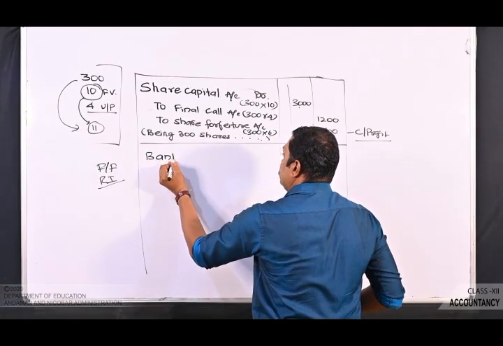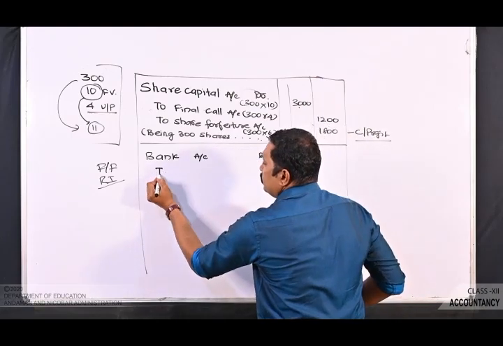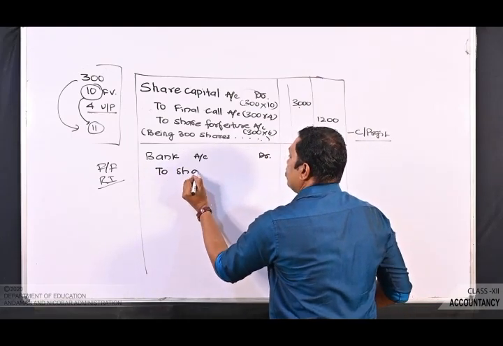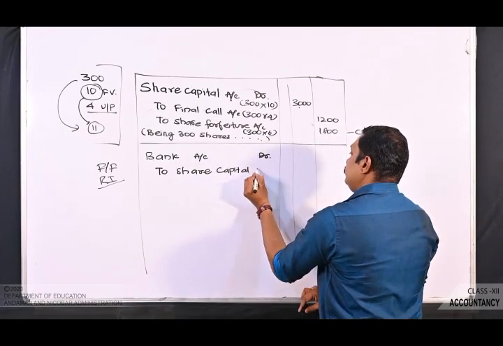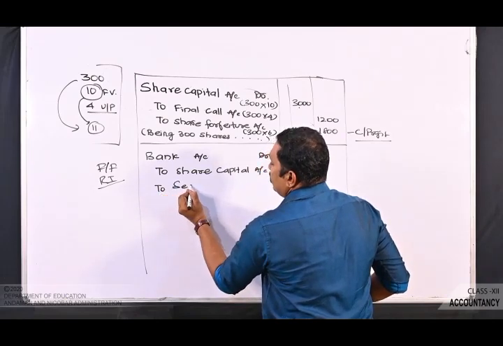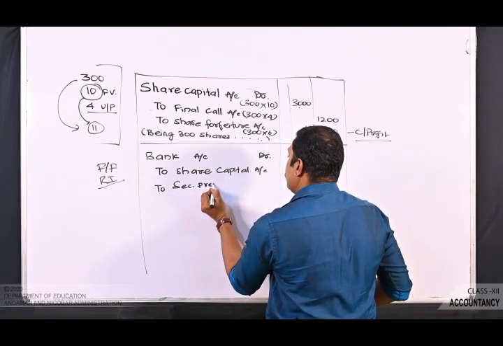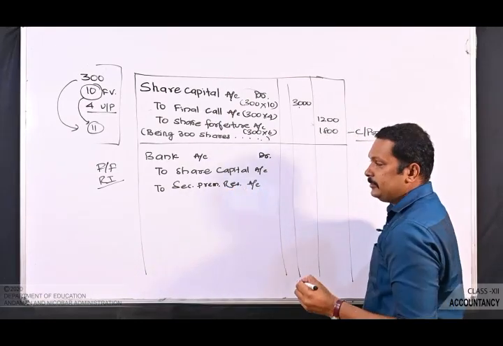So what is the entry? Bank account debit, to share capital account, then to securities premium reserve account, right?